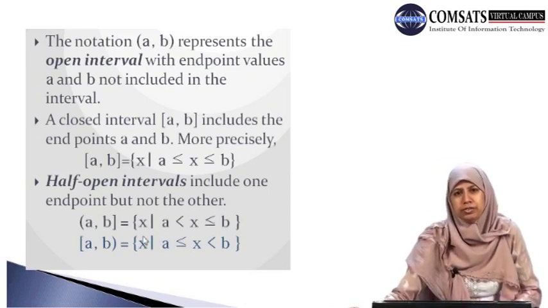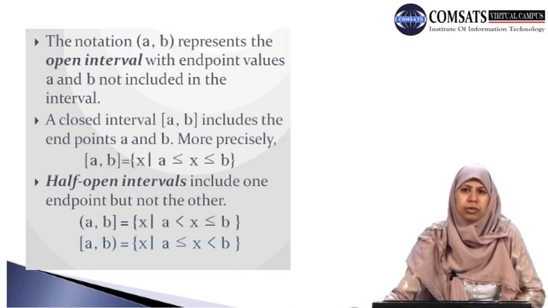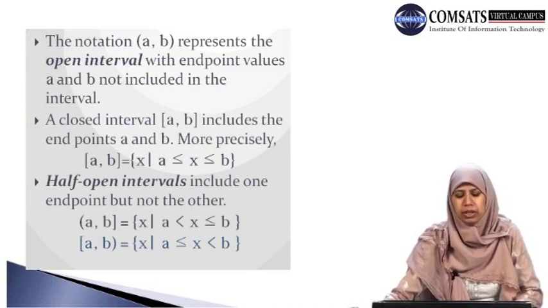In these four ways we define the four types of intervals. We have the open interval, which means that endpoints are not included on either side; we have round brackets on both endpoints. The closed interval, in which we include our endpoints, is denoted by square brackets on both sides.